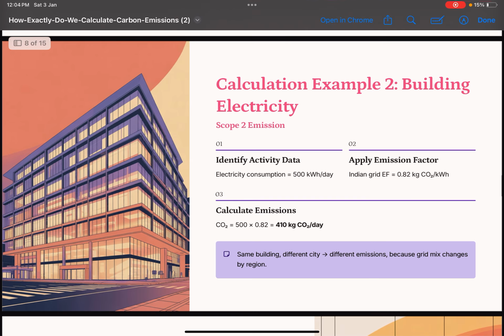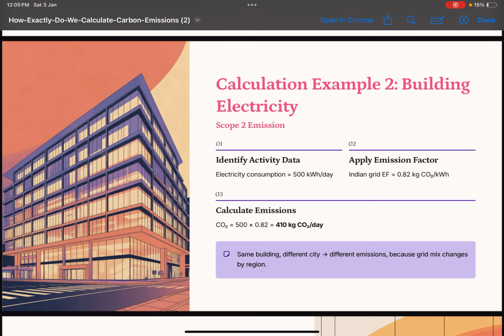Example of scope 2, wherein this industry, let us say, is using the purchased electricity from the grid. So we would have to look into the energy bill of that utility, the electricity consumed by this company, and let us say that that electricity consumed is about 500 units. 500 units means 500 kWh per day.